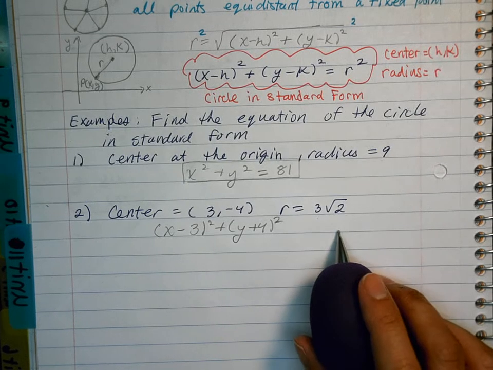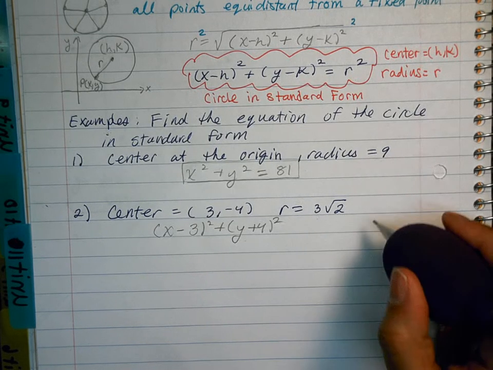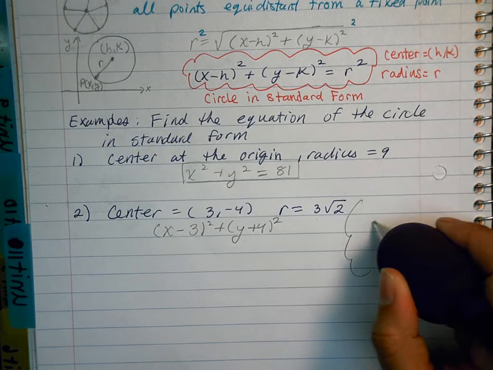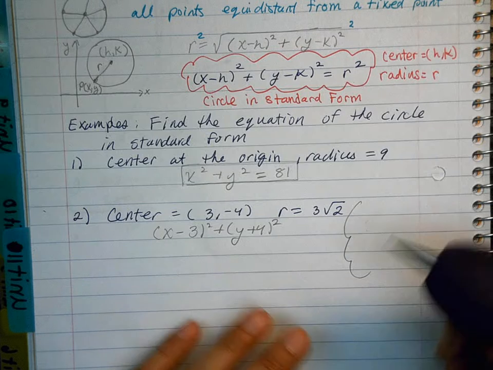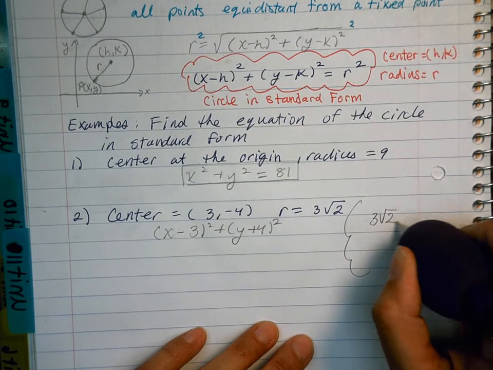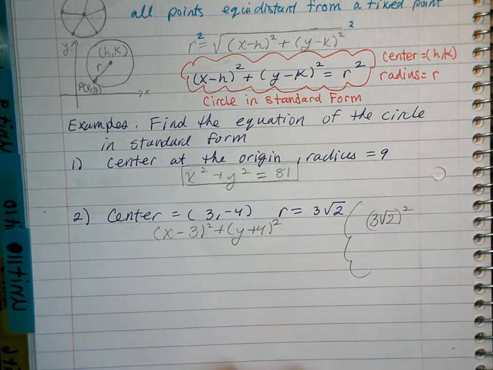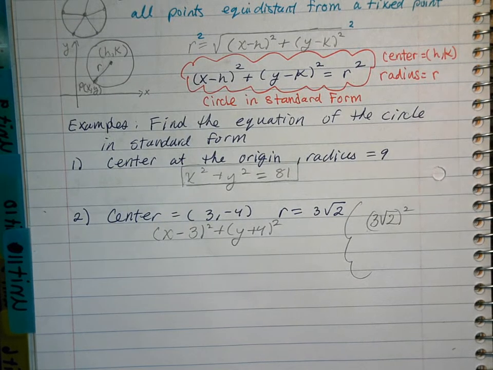Now when you write this, it's going to be this squared, so it's up to you on how you write it. (3 root 2) squared, and it's not just 3 root 2 squared like that. You do want to put it in parentheses squared, and it's up to you on how you square it.